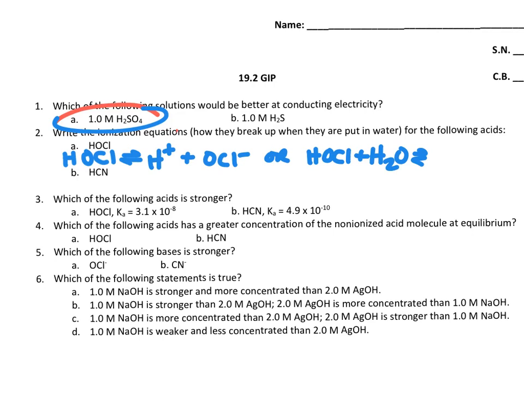So I can write HOCl plus H2O as my reactants, and then it donates that H plus to water, that's what acids do, and it gets H3O plus, because the water added an H plus, and OCl minus. So you can do this either way.